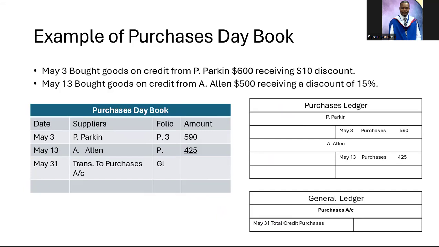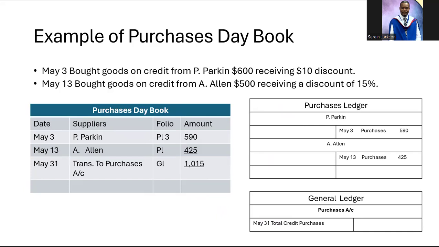Now we are finished with our transactions. We have to know the total and balance of our journal. Let's look at these two figures, right? So you have 425 plus 590. That gives us a total of $1,015, right? $1,015, and then you normally balance off the account at the end of the period. So May 31, and you would write this narration, transfer to the purchases account.